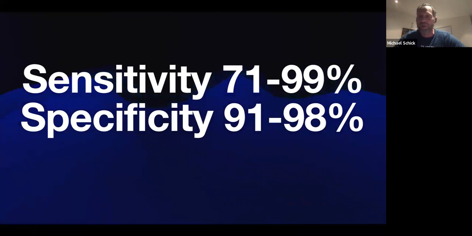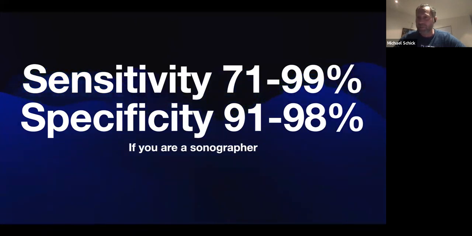So ultrasound is the way to go. This is typically what we do for our pediatric patients. But I don't know if you've ever done this as a clinician. It can be really challenging. So these are the sensitivity and specificity if you're like a pediatric sonographer. If you're not a pediatric sonographer, your sensitivity is going to be much lower. And so you need to practice a lot to get good at it.